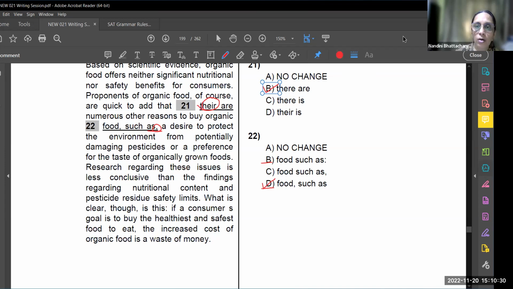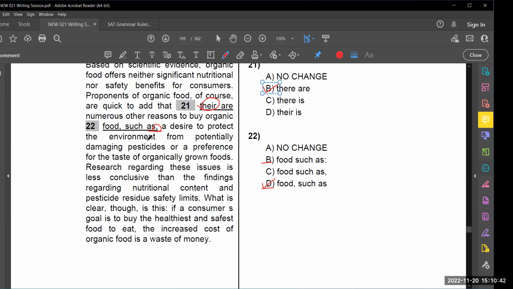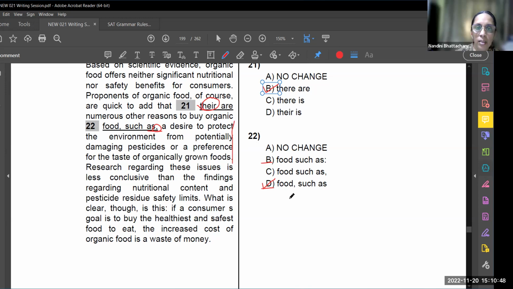You can have a comma before such as, but no comma after such as. Got it? Yes, ma'am. Okay, so that's a simple thing. Whether it is restrictive or not restrictive, that is to analyze further. But the main point is no comma after such as.